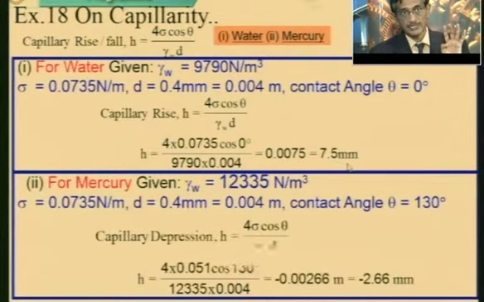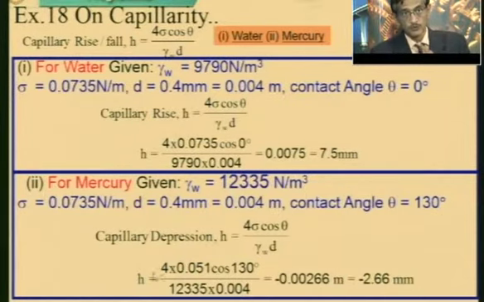Let us take the second case. In this case, for mercury, the specific weight is 12,335, surface tension is 0.051, diameter is 0.004, contact angle is 130.